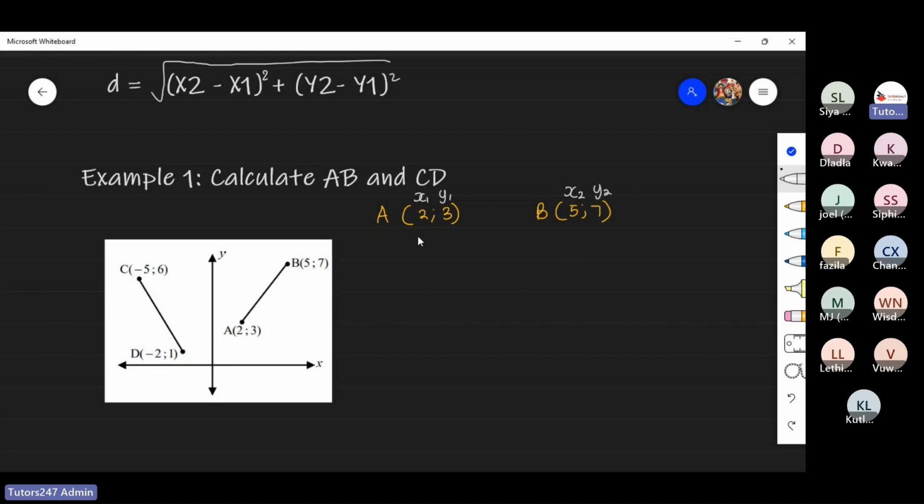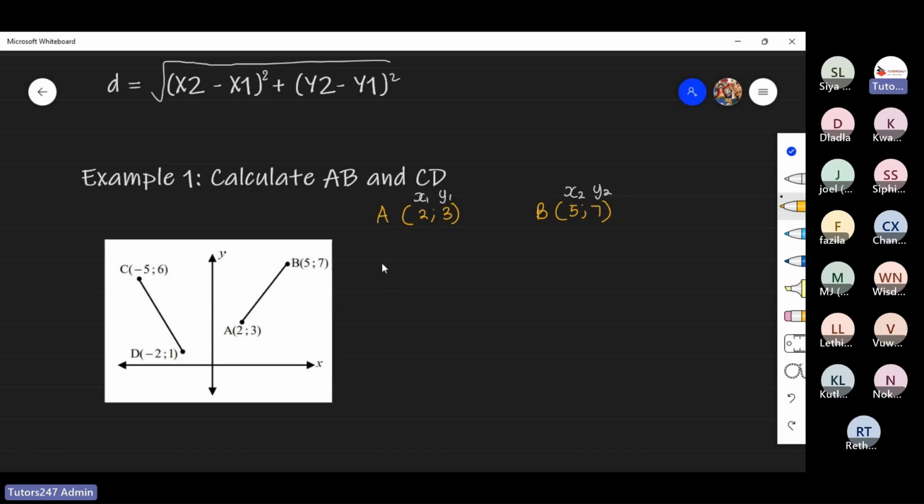You cannot have x1, y2, or x2, y1. That doesn't work. 1 has to go with 1 and 2 has to go with 2, meaning x1 gets y1, x2 gets y2. Okay, so please be careful with that. From here, we can put in our distance formula.